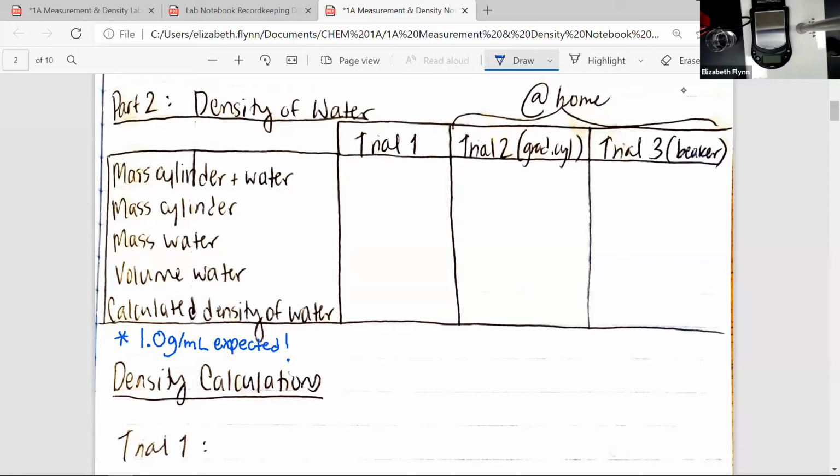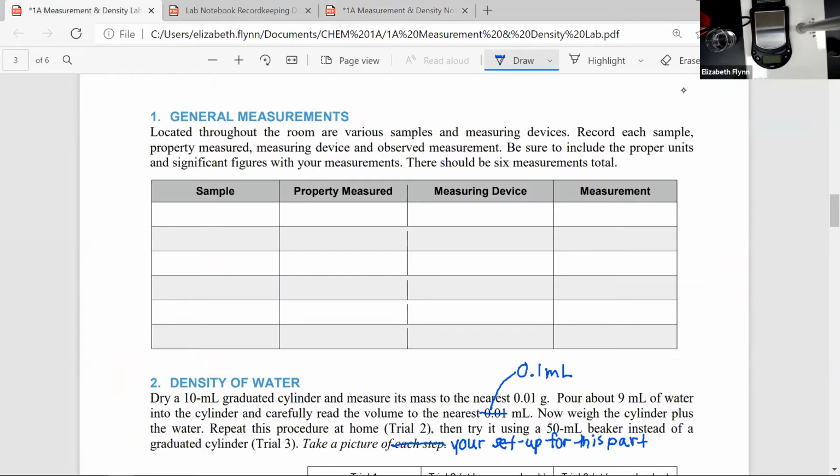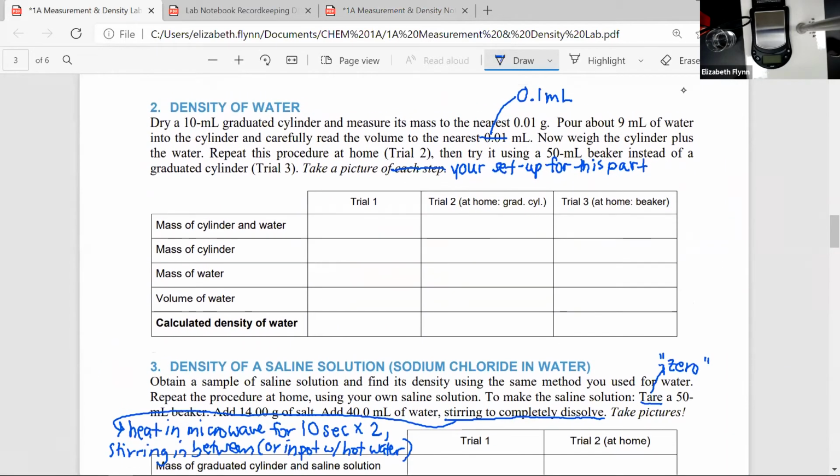So we're going to do these steps. We're going to determine the mass of the cylinder and the water. Well, first, let's look back at the procedure for how we determine the density of the water. We're going to dry a 10 ml graduated cylinder and measure its mass. And then we're going to pour about 9 milliliters of water into the cylinder and carefully read the volume.